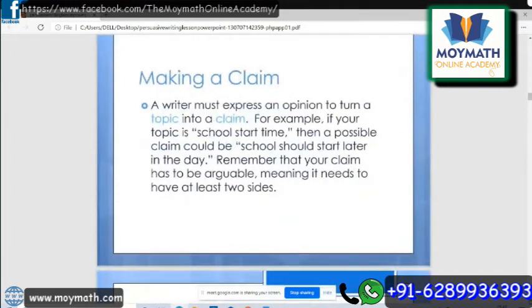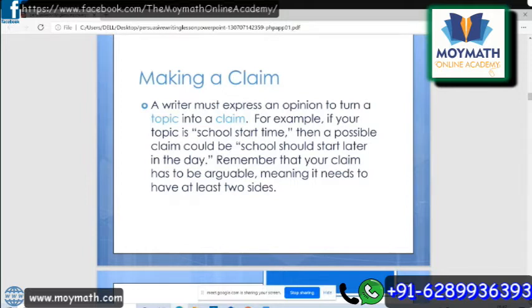Now, we'll go into detail about this. How to make a claim. A writer must express to turn a topic into a claim. For example, school start time, then a possible claim could be school should start later in the day.